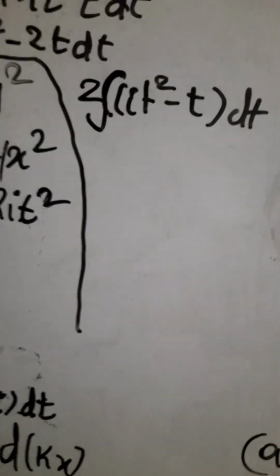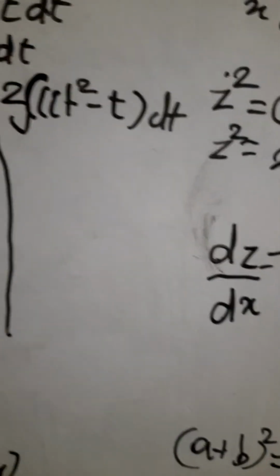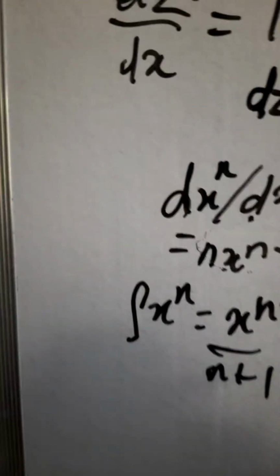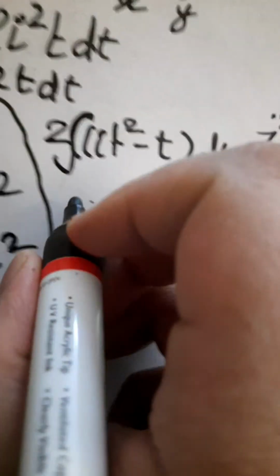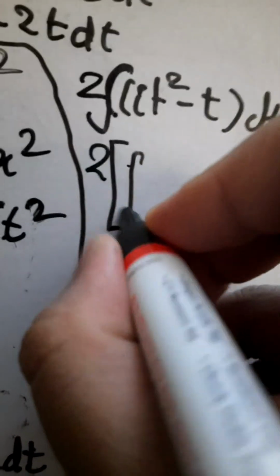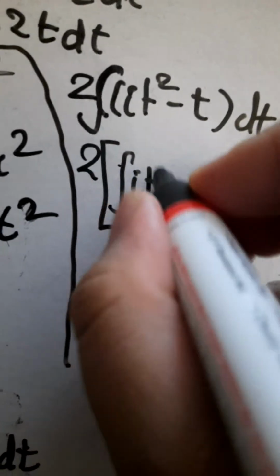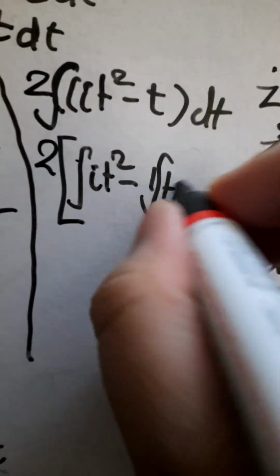Okay, here we go. Now it square minus t. This is a very problematic question. I showed you the integration of x raised to n equals x raised to n plus 1 by n plus 1. We have to use that formula. So let me write this first, square brackets. Integration of it square minus integration of t.